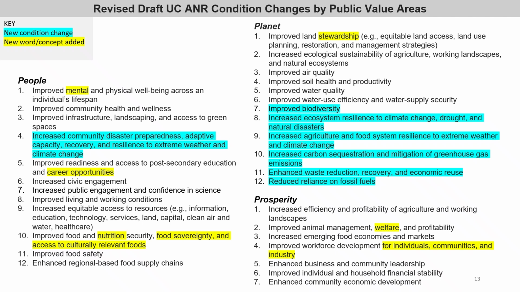And then we changed the 7 public value statements to 3 areas: people, planet, and prosperity. Our colleagues were indicating that 7 is too broad and confusing, but people, planet, and prosperity, I think they think it's a better fit. Most of the new ones are being added into the planet area, and we can see 1 in the people area.